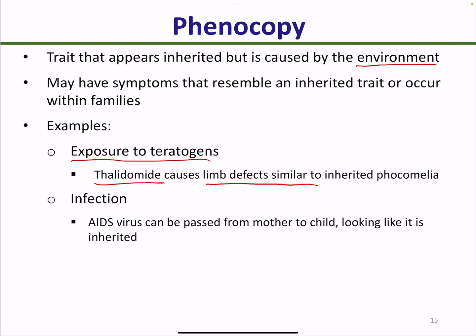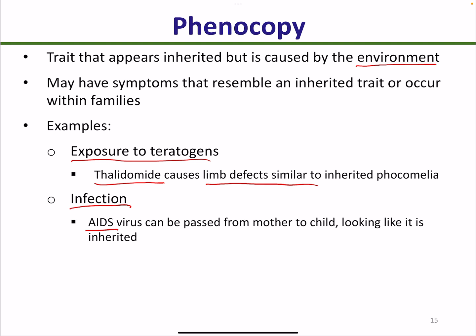Another case is the case of AIDS or HIV that is passed down from mom to the baby. So when mom gives birth to a baby with HIV infection, we may think that, oh, that's a genetic issue, but actually it is not, right? It is completely environmental, right?